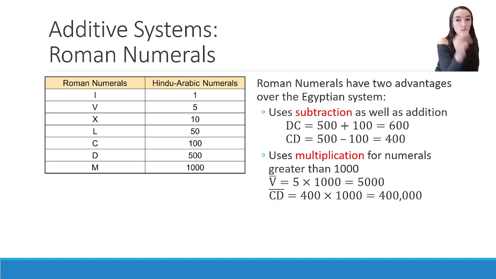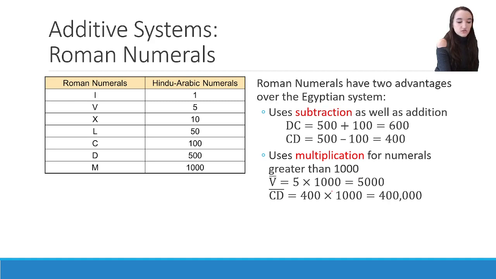However, if they are written out of numerical order, if I write CD, where 100 is before the 500, that tells me I need to subtract. So 500 minus 100 to get 400. Anytime they're out of numerical order like that, it means subtract.